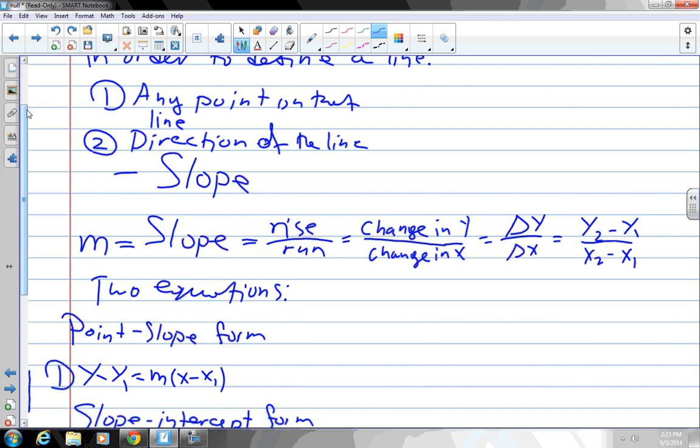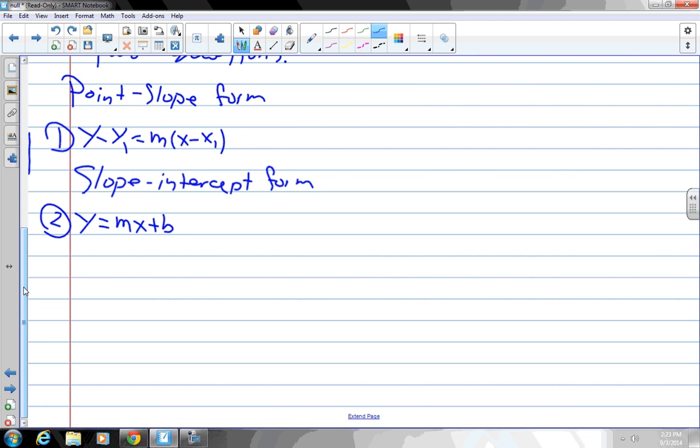For anything else, I like to plug the point and slope into the point slope form, simplify that, and make it look like this. To me this is the easiest way of doing these problems. Some of you like just playing with this form from the beginning. It's a little strange, but whatever works for you. I'll show you how to work both methods, and then you pick and choose.